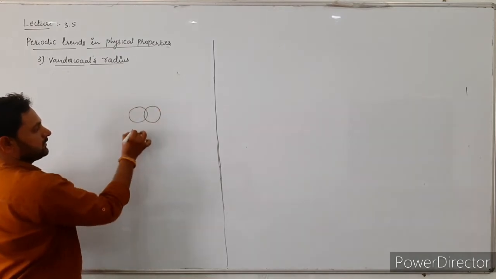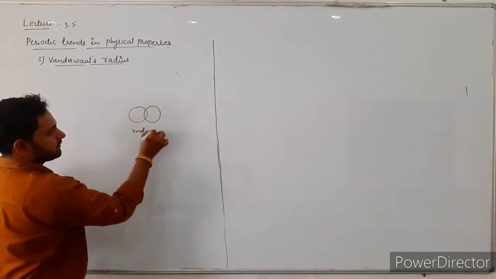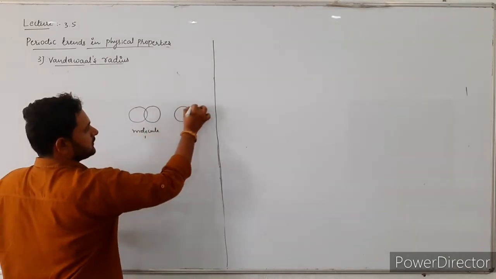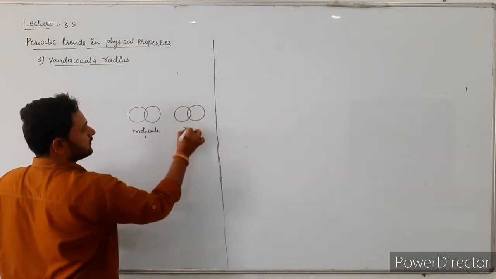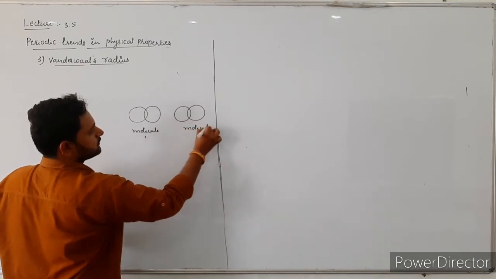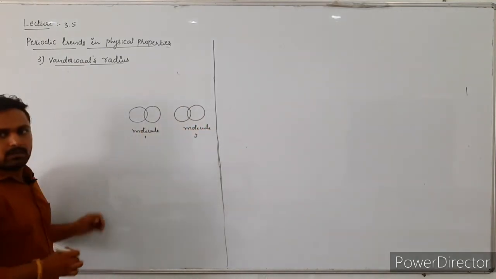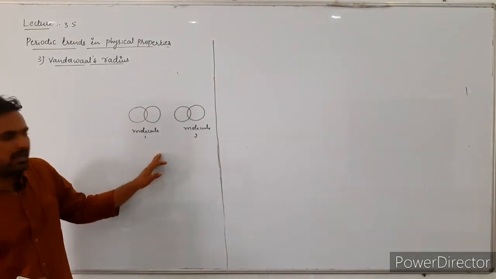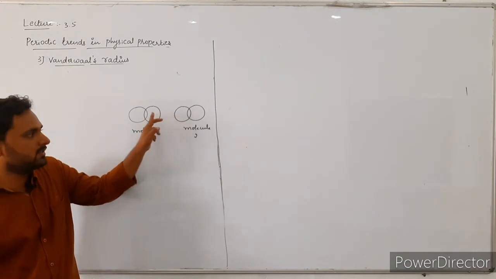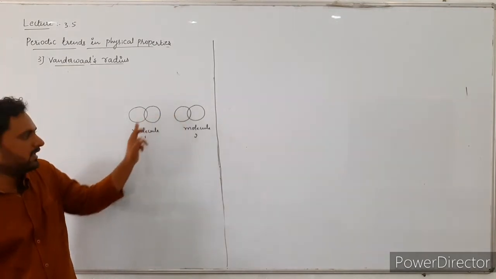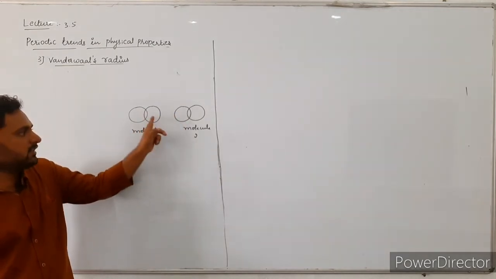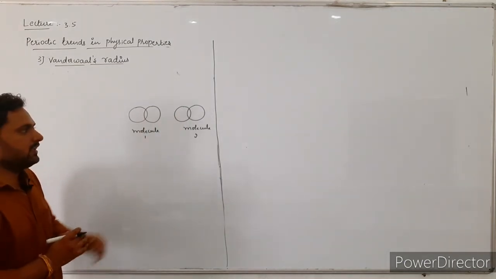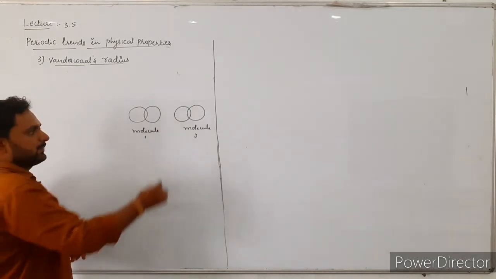This is molecule 1 and this is second molecule 2. It is half of the internuclear distance between two adjacent non-bonding atoms of different molecules. Here these two atoms are not bonded like covalent or metallic. They are non-bonding atoms.